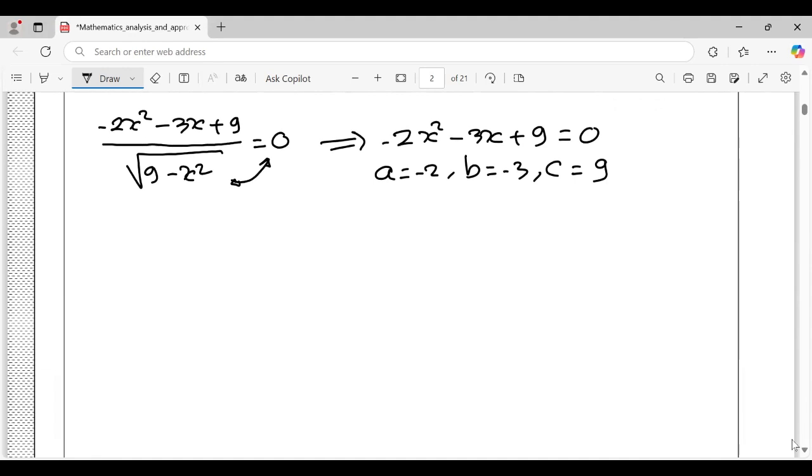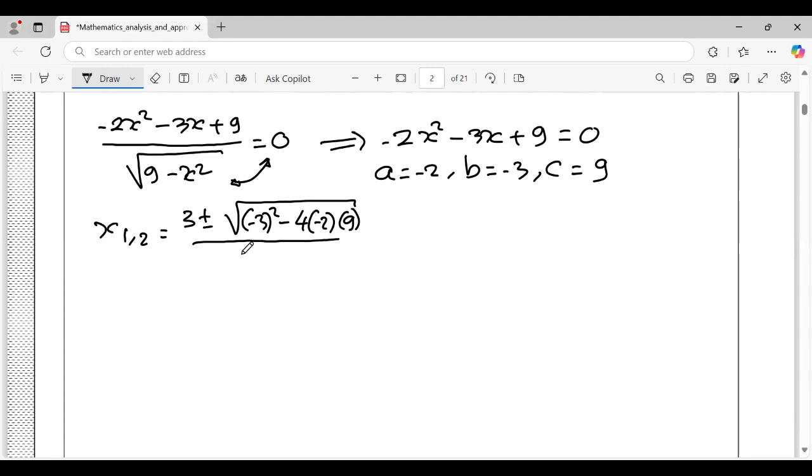Okay, scroll down. So x1 and x2 equal minus b, it means 3, plus or minus square root of minus 3 squared minus 4 times minus 2 times 9, divided by 2 times minus 2.